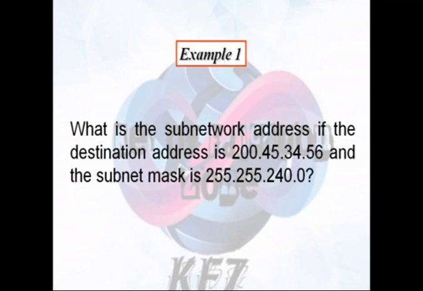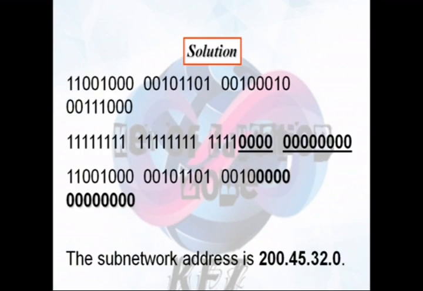See here, the destination address is given 200.45.34.56 and the subnet mask is given 255.255.240.0. Got it? So the subnet mask is given, the destination address is given. What we have to find out is the subnet address.